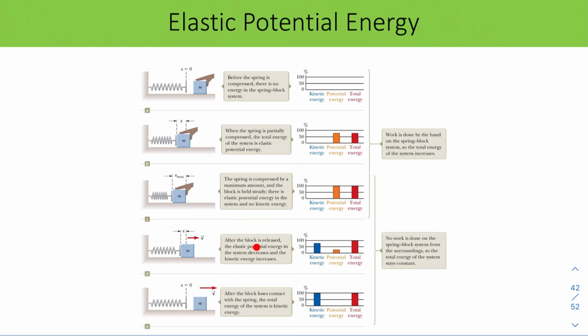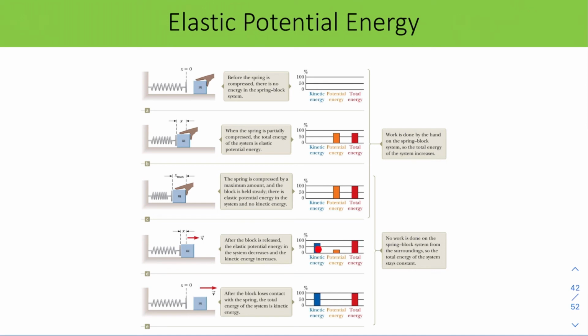Right. After the block is released, the elastic potential energy in the system decreases and the kinetic energy increases, because the block and the spring are in motion. So potential energy is decreasing, kinetic energy is increasing, but total energy stays the same.